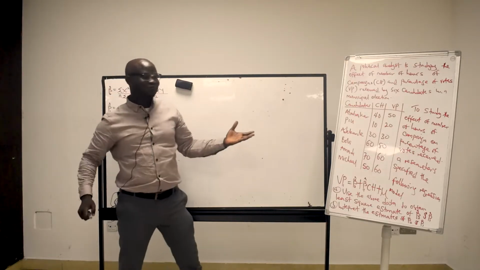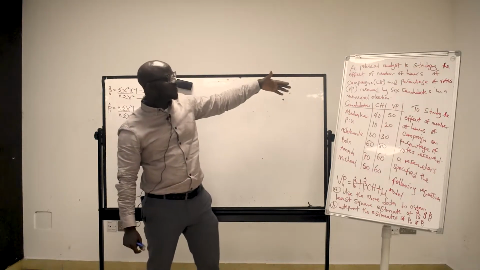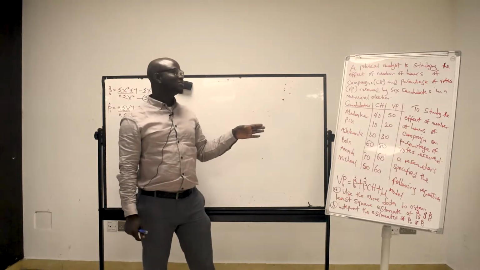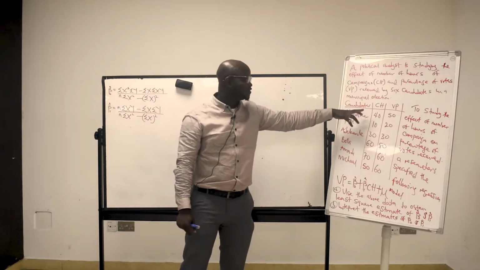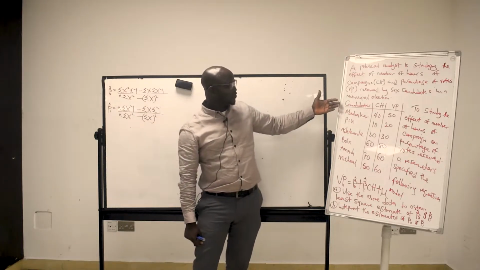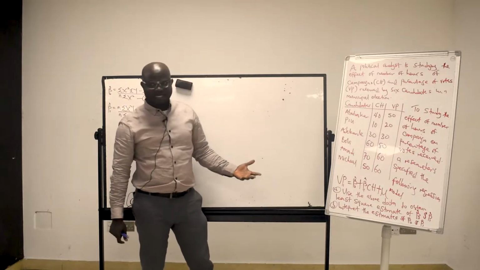So look at this example above. Now, we have a political analyst studying the effect of number of hours of campaign, CH, and the percentage of votes received by the 6 candidates in the municipal election. And these are the candidates: candidate 1, Abubakar, Pius, Adekunle, Bola, Amadi, Michael, right?